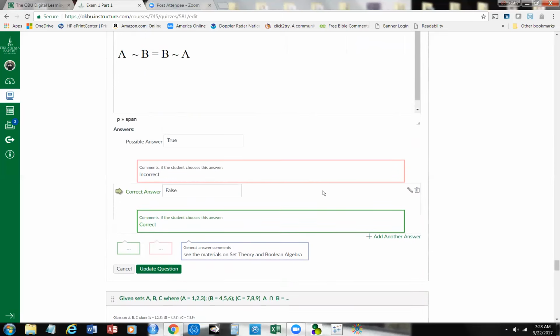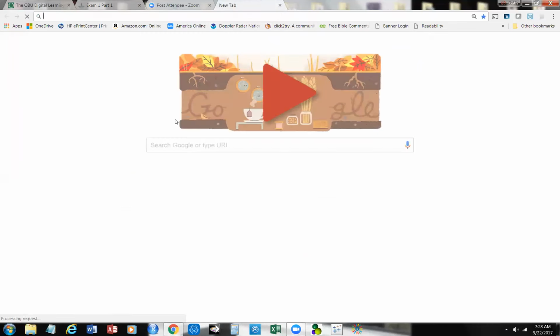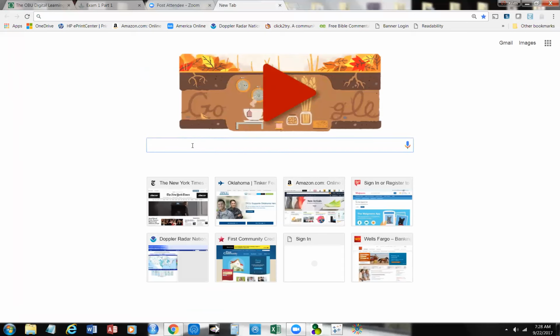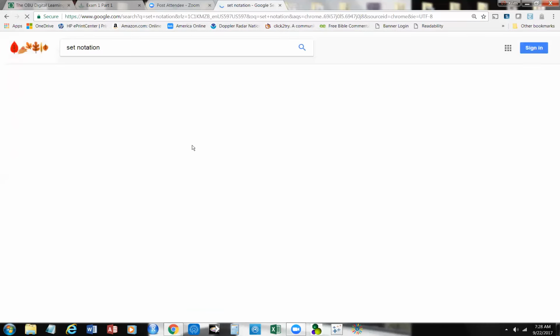And you want to go find out what that little curly Q is. I have set notation, but just for kicks, let's go over here for a moment and see what the little curly Q implies.